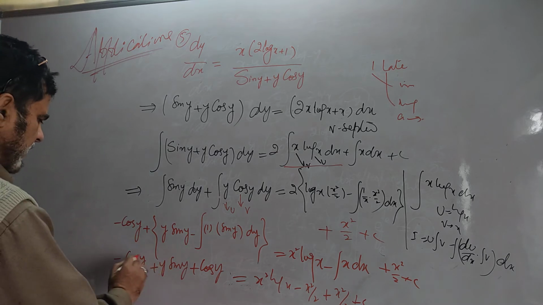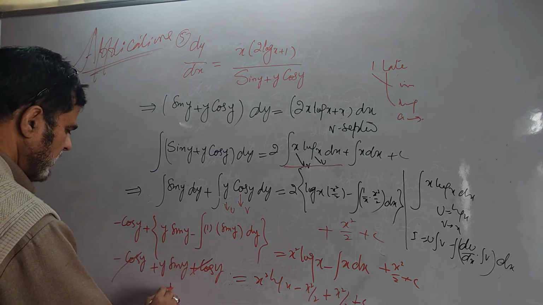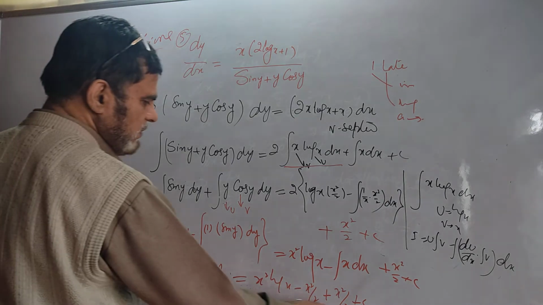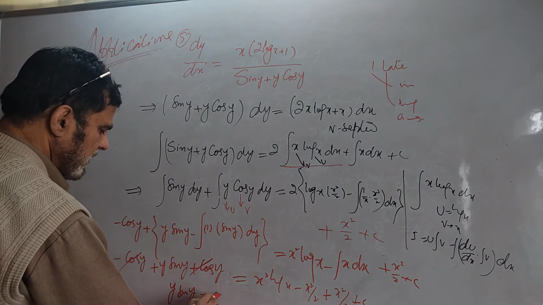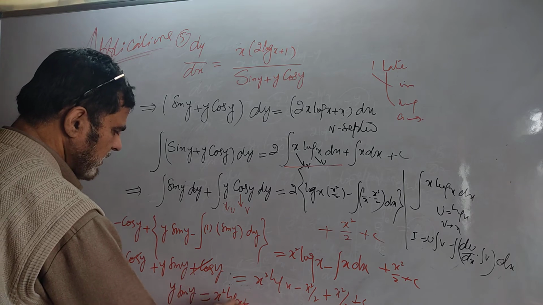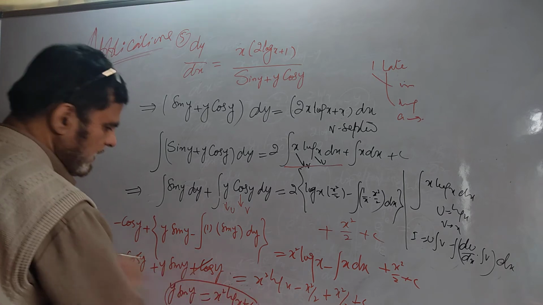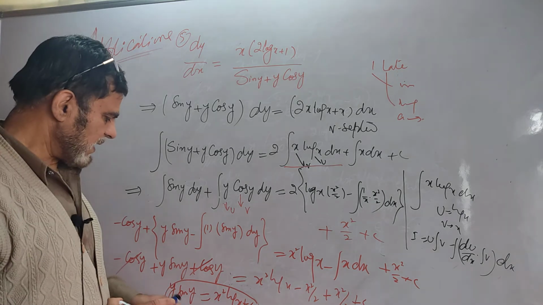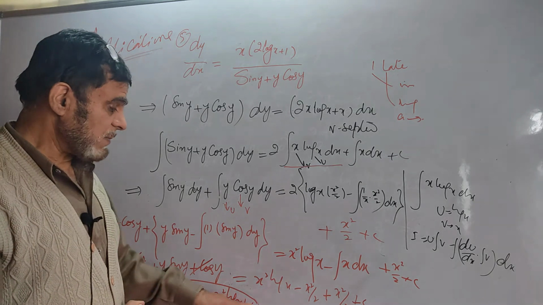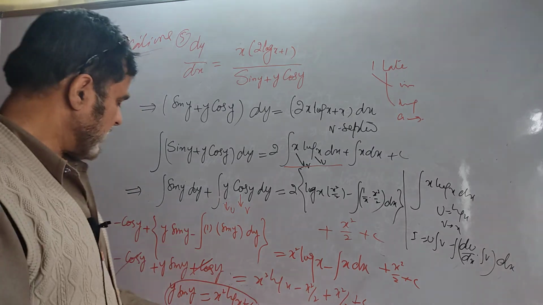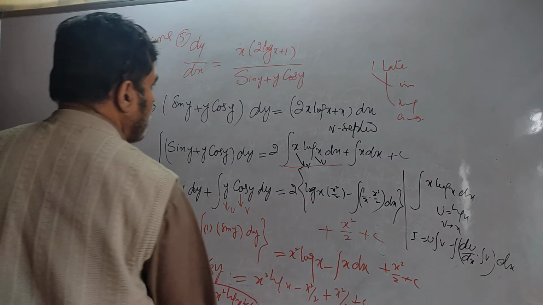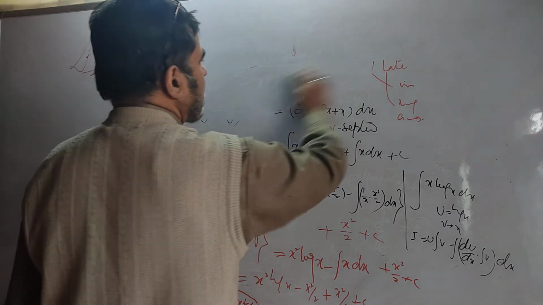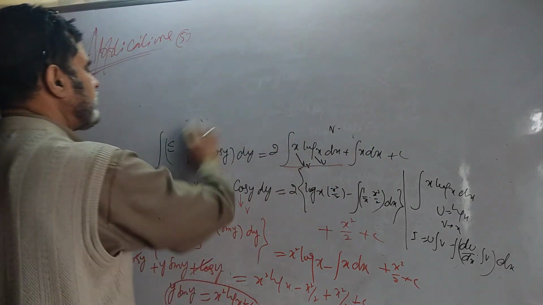Well, this goes, the solution is y sin y is equal to minus x square by 2 plus x square by 2 also goes, x square log x plus c. This is the solution of this differential equation: y sin y is equal to x square log x plus c, when these two terms get cancelled. Okay, very simple, but in between you have to take the product rule for integration.